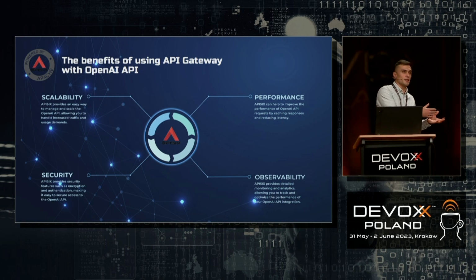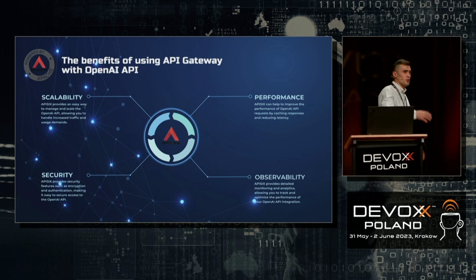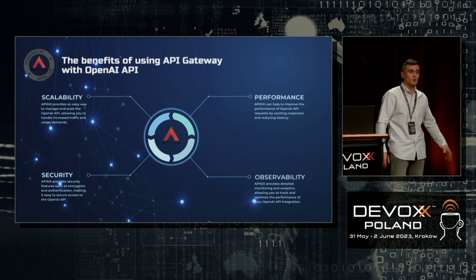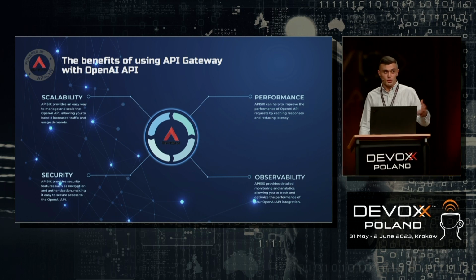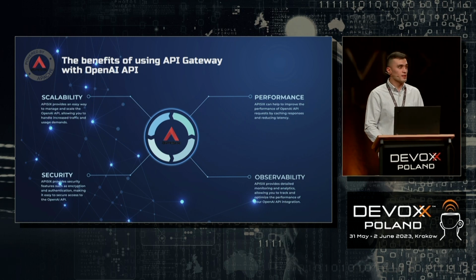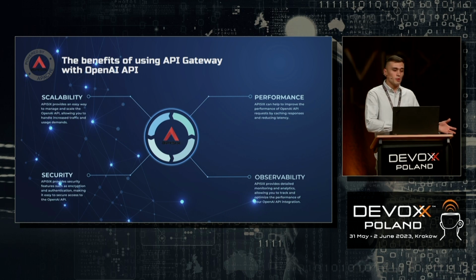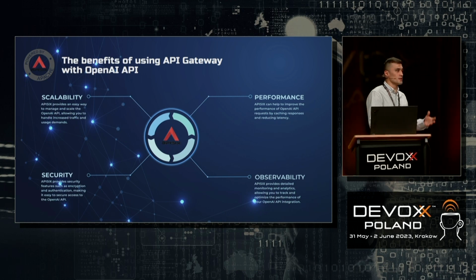These API gateways, not only APISIX, we have a lot of API gateways in the market, and you can choose one of them, like Kong, also a great API gateway that I know. And also performance and scalability, because you can scale how you want.